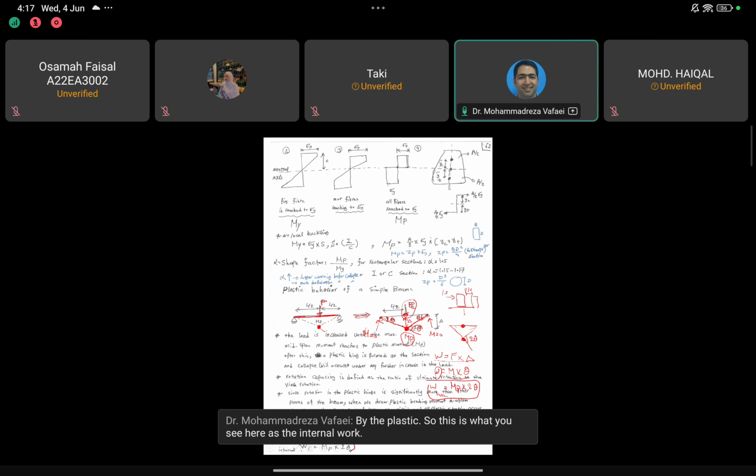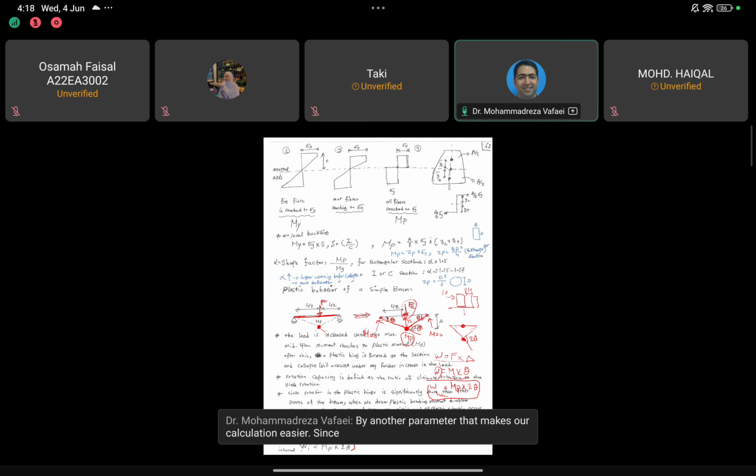The theory said always internal work equals to the external work. So that means this P multiplied by delta, which is the work done by the external force, should equal to MP multiplied by 2 theta. But before we equal these two, we can replace this delta by another parameter that makes our calculation easy.